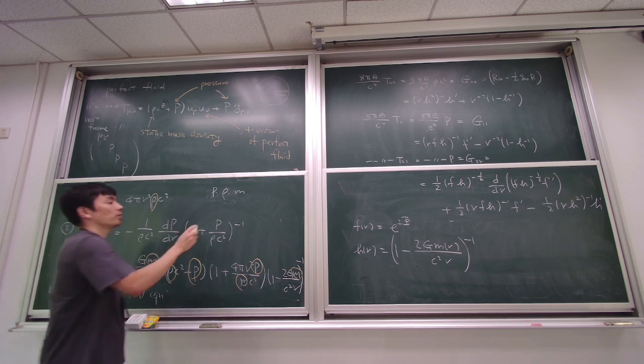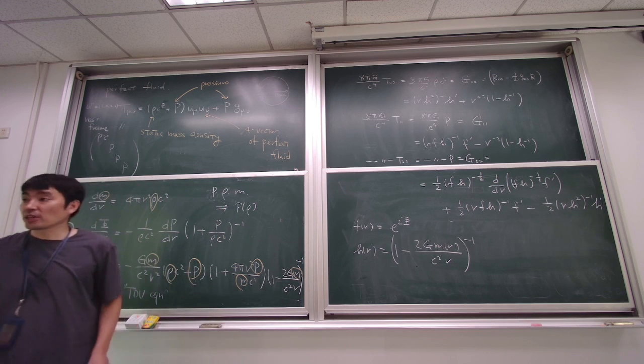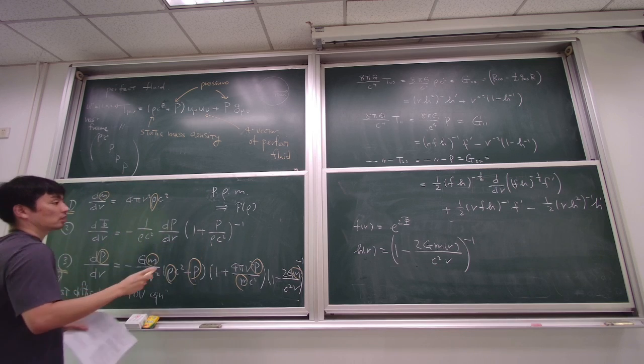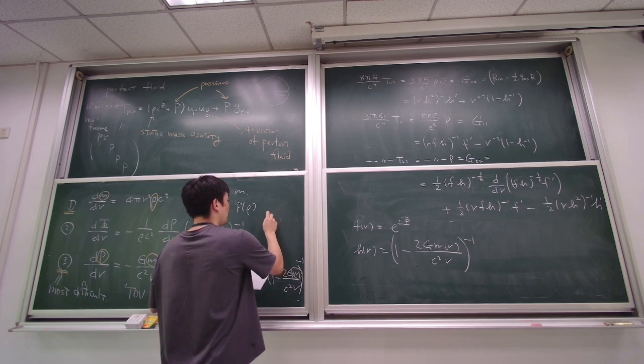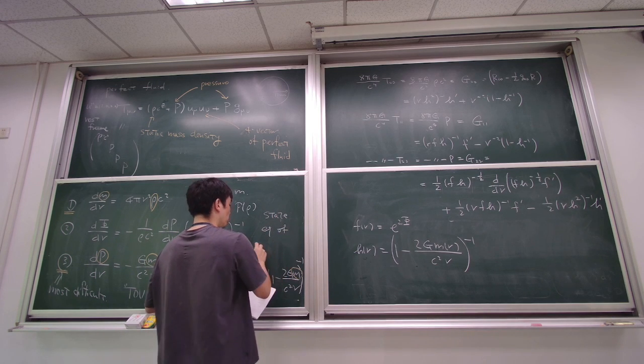So therefore, we need a so-called P of rho: how the pressure depends on the static mass density. So this is the state equation of the neutron star.